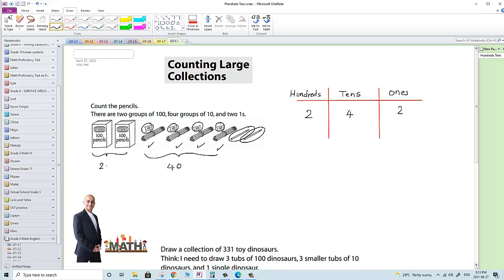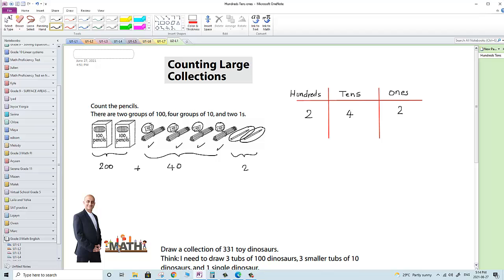If I want to write it, I'm going to write 200 pencils. So the 2 pencils at the beginning, because it's 2 ones, I write as it is, but the 4 groups of tens I write as 40, and the 2 groups of 100 pencils I write as 200. Exactly like what I'm doing. 2 ones, under the tens I have 4, under the hundreds I have 2.